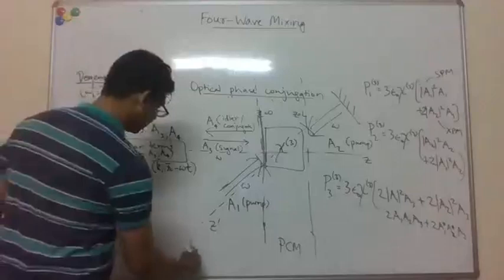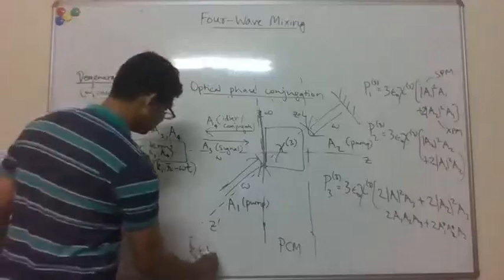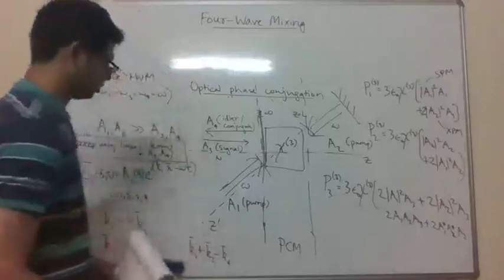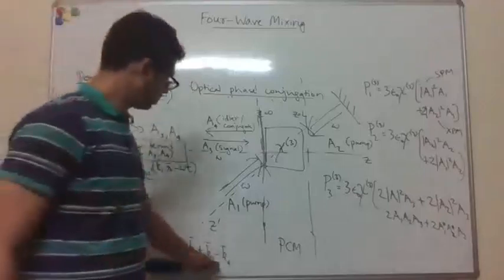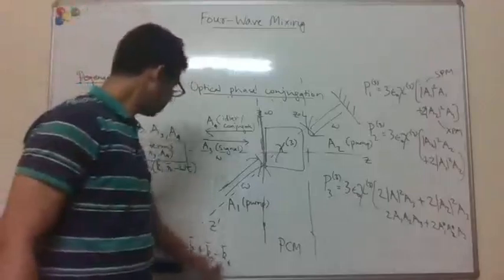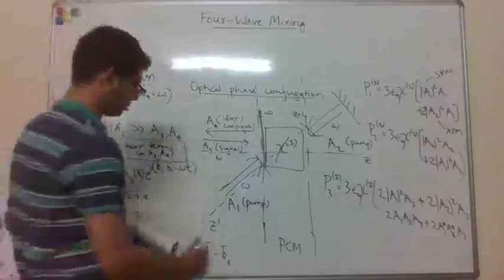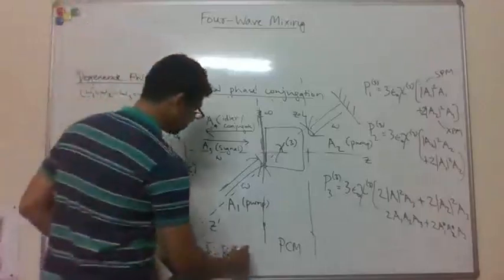But I could have, for example, K1 plus K2 minus K4. K1 plus K2 is 0, so this gives me minus K4, which is K3, right?